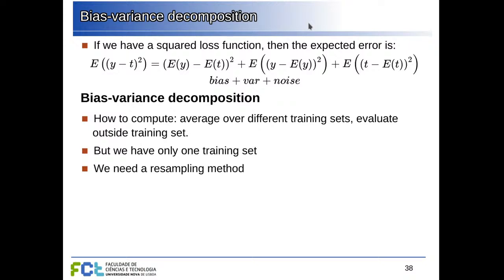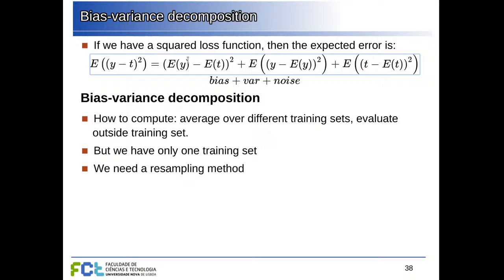Let's suppose that we have a squared loss function. So our error function is the square of the distance between predictions and the target value. We can decompose this into these terms. The expected value of our predictions minus the expected value of the values that we have in the data.